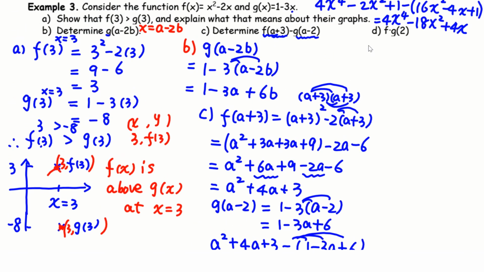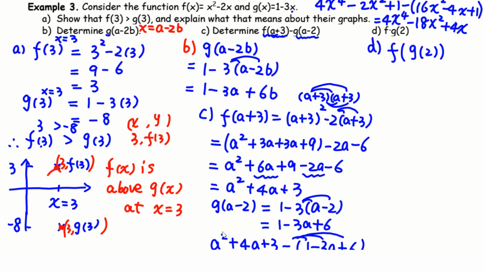Then question D. Question D is f dot g at 2. This notation is also equivalent to f at g at 2. So you are going to use the g at 2 as input for function f.